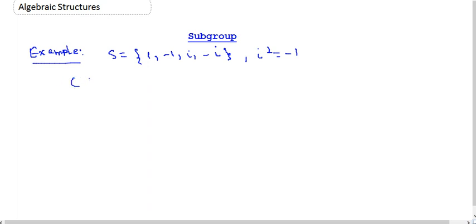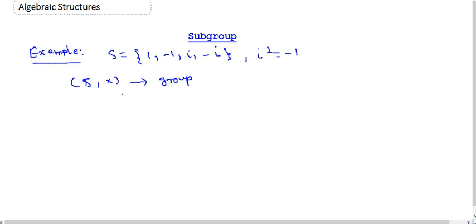We know that under multiplication this is a group. We have already done this more than once in our class.